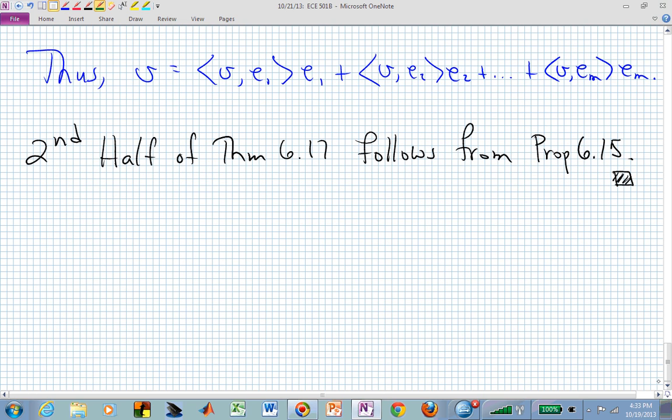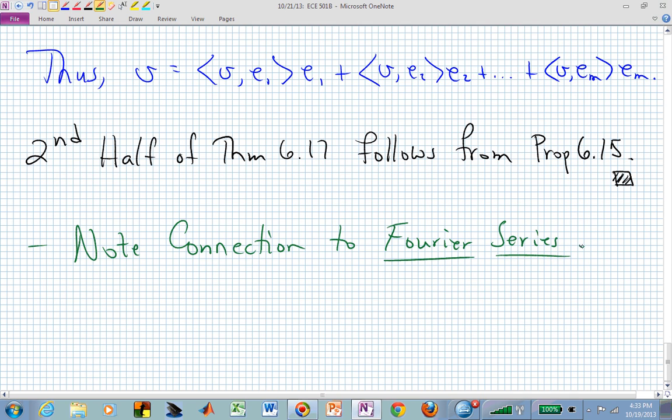If you've played with Fourier series, hopefully you see the connection. And if you don't, maybe you should go back to the Fourier series discussion.